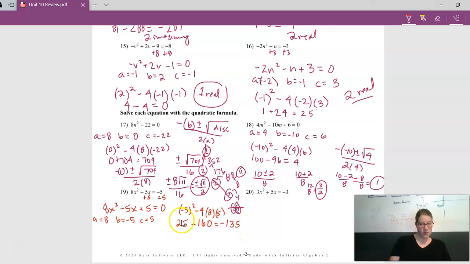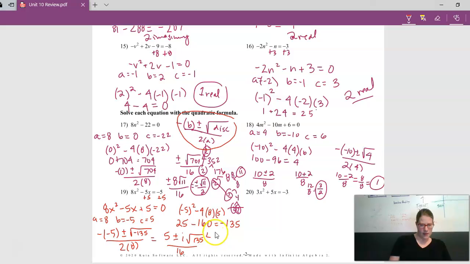So I have a negative discriminant, which means I'm going to have some imaginary solutions here. Now I'm just plugging into the quadratic formula. So negative 5 plus or minus the square root of negative 135 all over 2 times a. So that would be 5 plus or minus i square roots of 135 over 16.